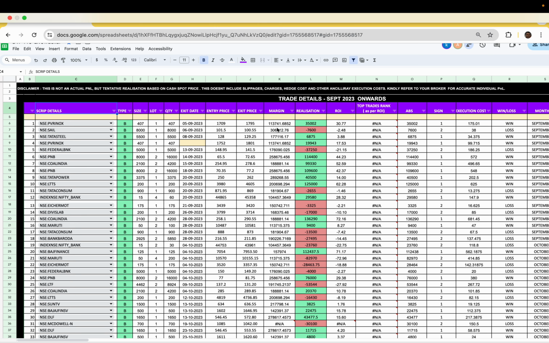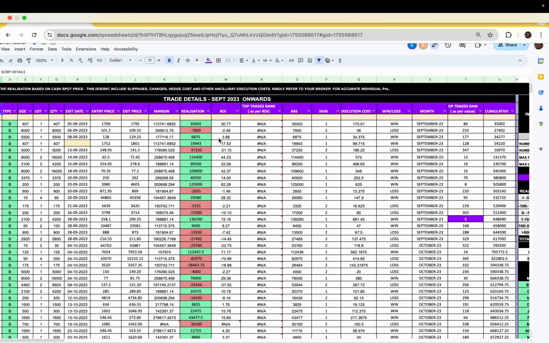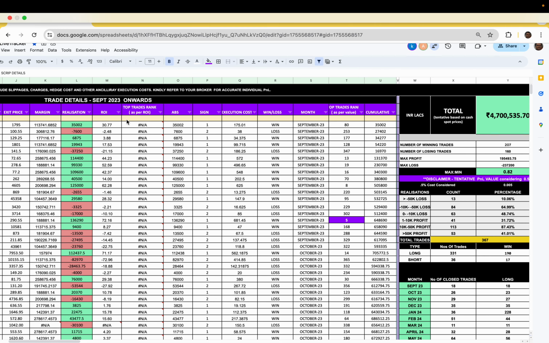Since it's cumulative data based on closed trades, the exit dates are mapped, right? So exit date, entry price, exit price, how much margin was required, realization on that particular trade, ROI for that particular trade, and trade ranking, right? You may see the top trades rank 1, 2, 3, 4, which shows which are the ones that really performed in this time phase.